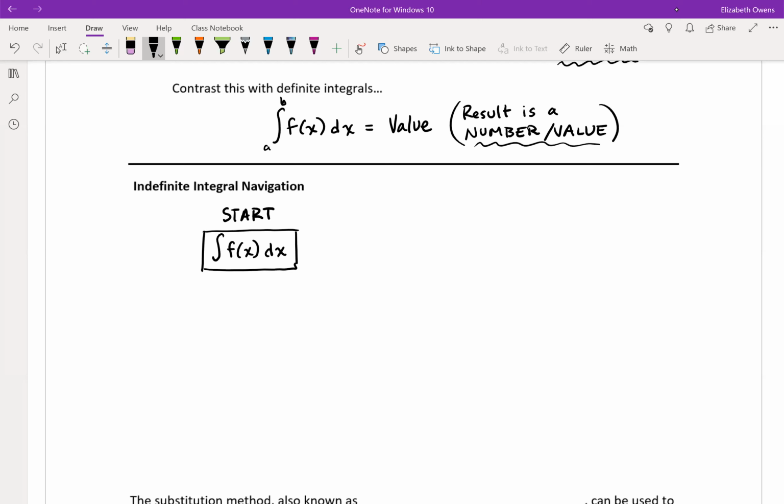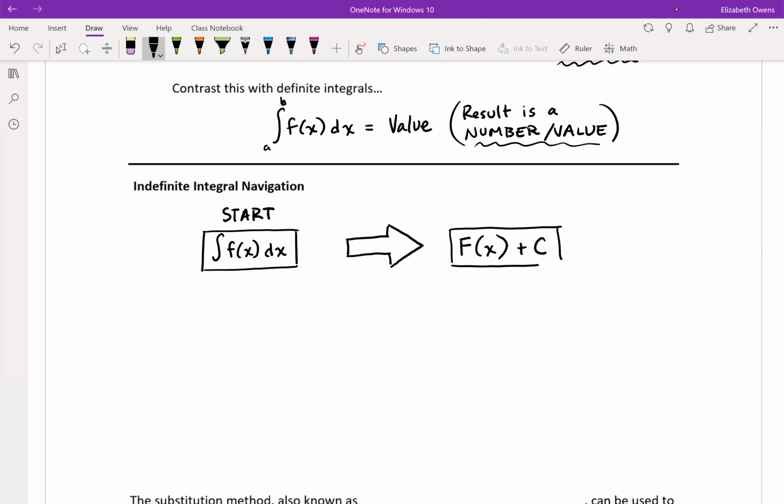If everything is set up nicely, you might be able to find the antiderivative right off the bat. Maybe it would take a little bit of thinking, but you could do it, no stress. You would come up with that general antiderivative, capital F of x plus c, to keep it general.